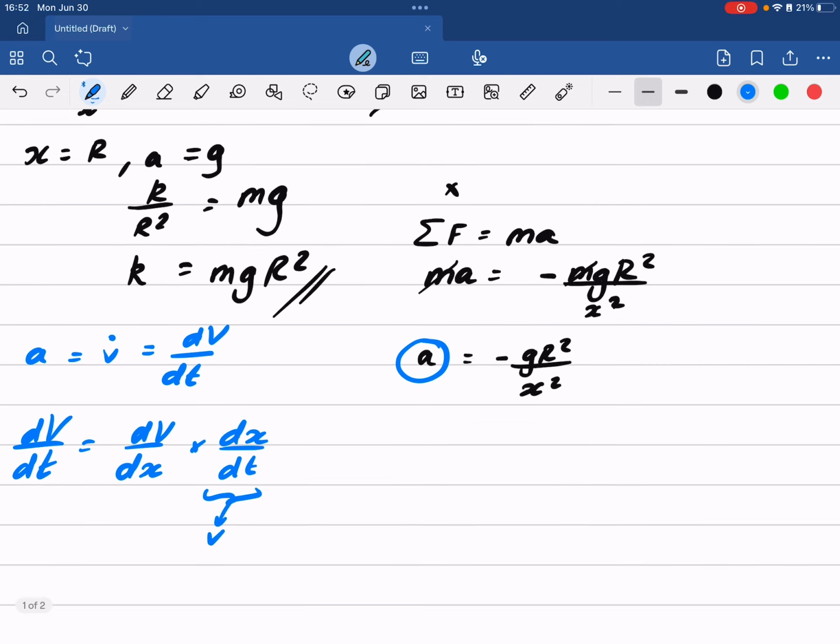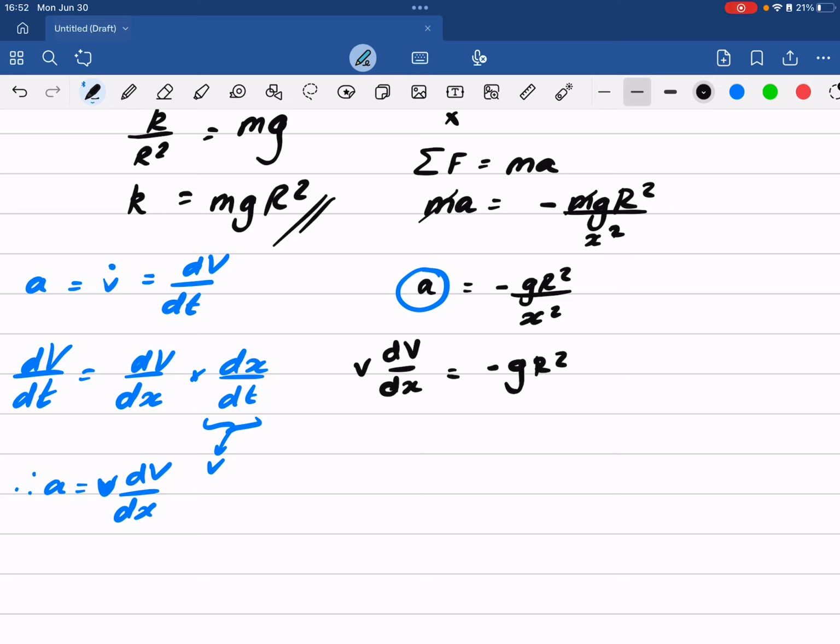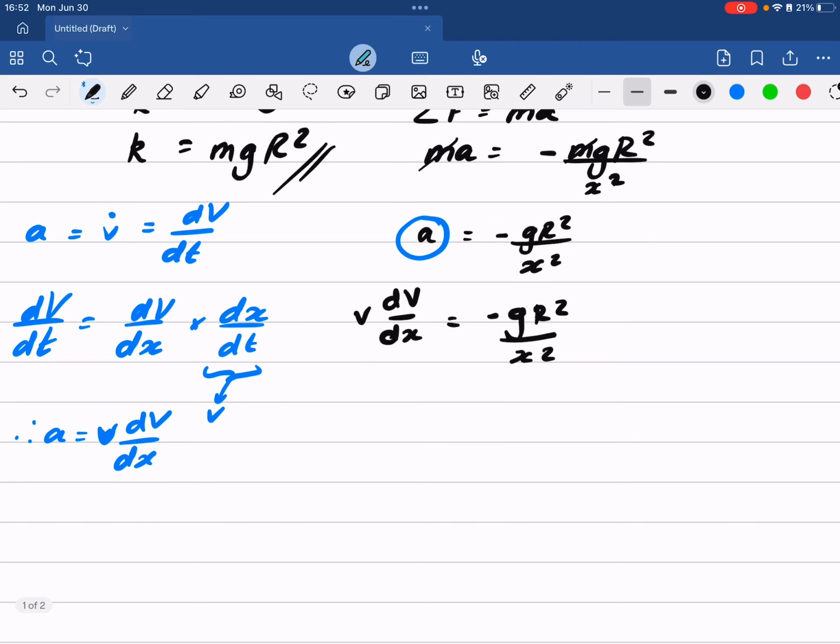The first derivative of displacement is just velocity. Therefore, I can just say acceleration is v dv by dx. And so what I do right now is I just rewrite it by saying v dv by dx is equal to negative gr squared over x squared. Technically, this topic is more focused with chapter 4 as opposed to chapter 5, but it still works.